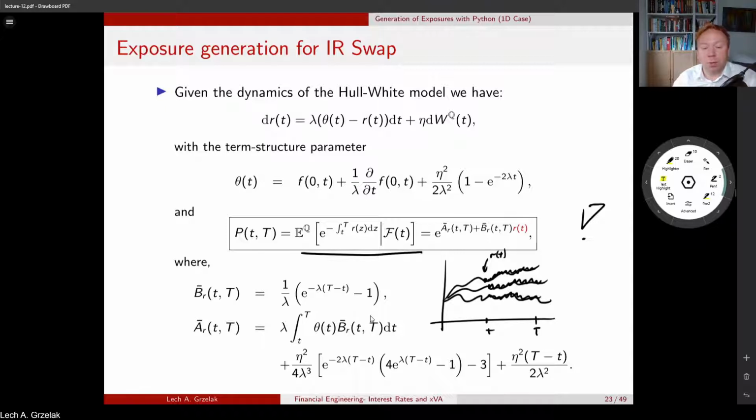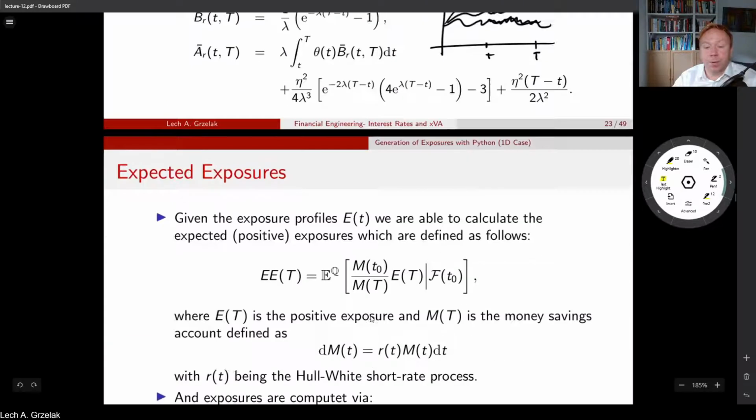So it's extremely powerful. This is also a big motivation why the Hull-White model, or also affine models, maybe others in the class of affine models, are often used for xVA simulations of exposures, and later I will show you also for VaR calculations.